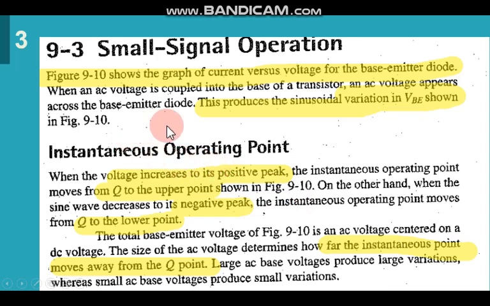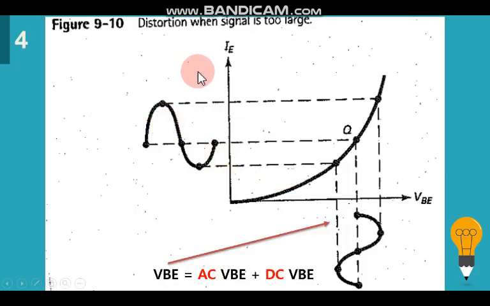So look at this figure. This is a graph of current IE versus VB. Whenever the input voltage is given to the base bias amplifier, when AC input is coupled, your VBE will vary like this.